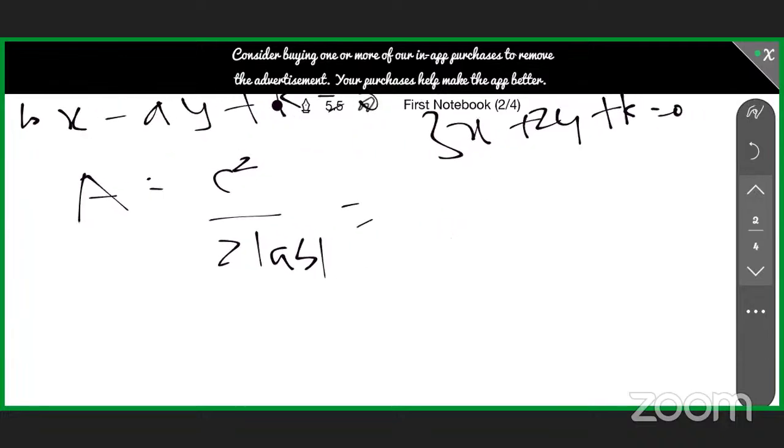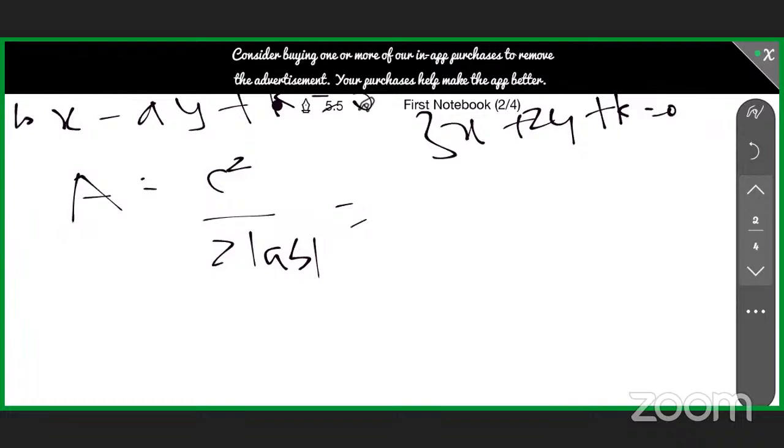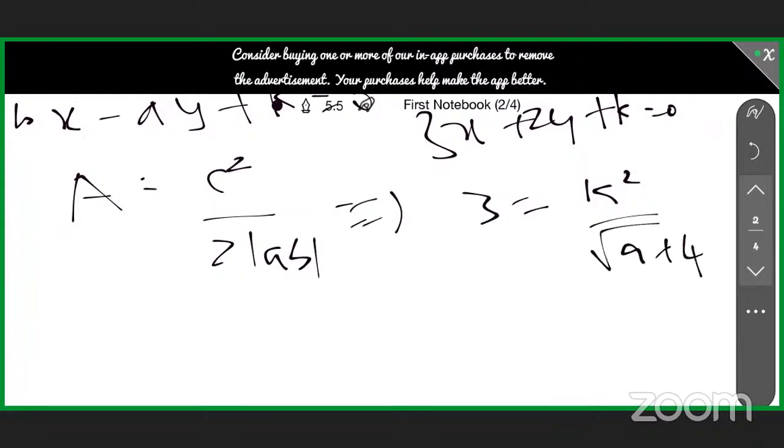So what is my c square? That is k square. The area is given as 3 square units. So 3 is equal to k square divided by 2 into 3 into 2.